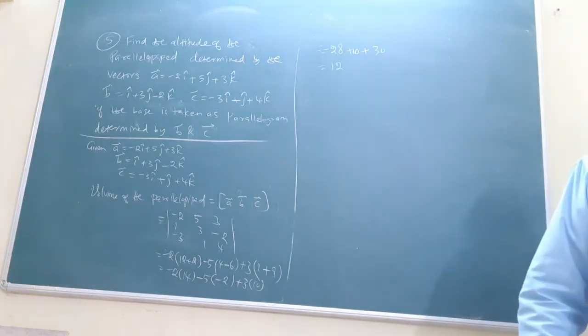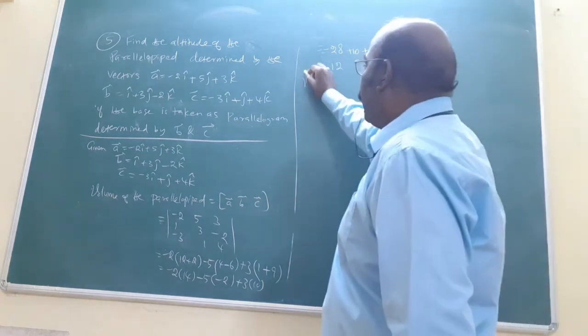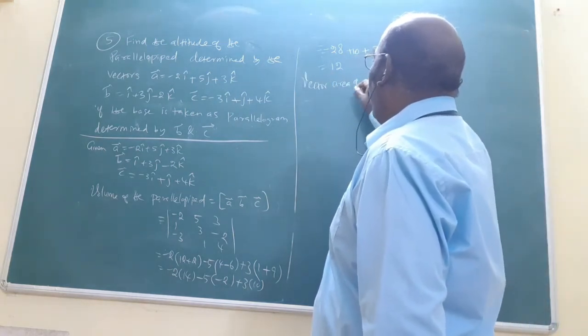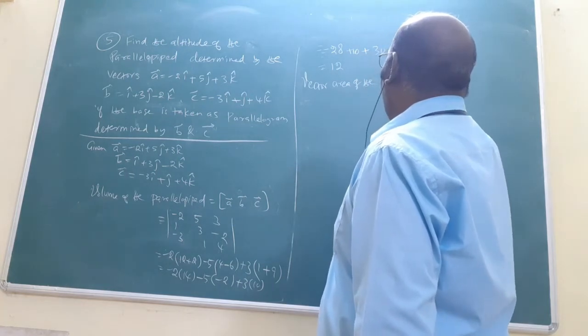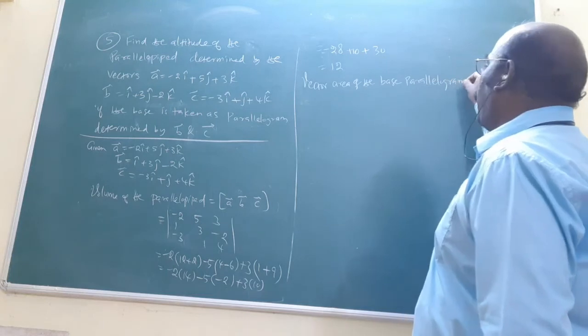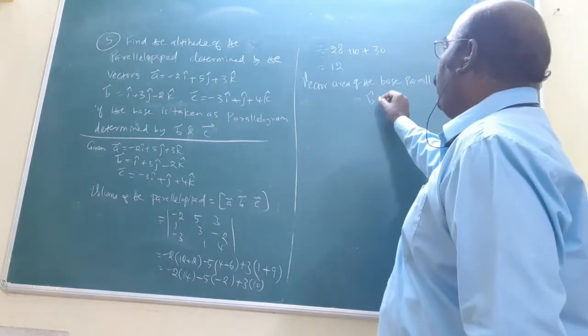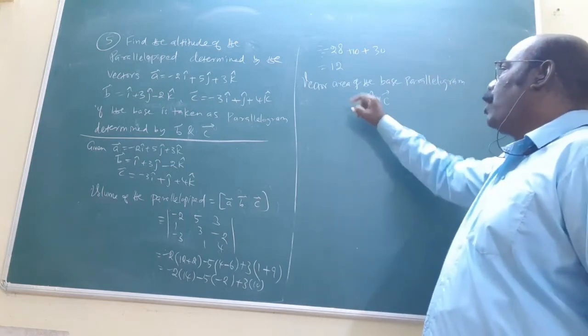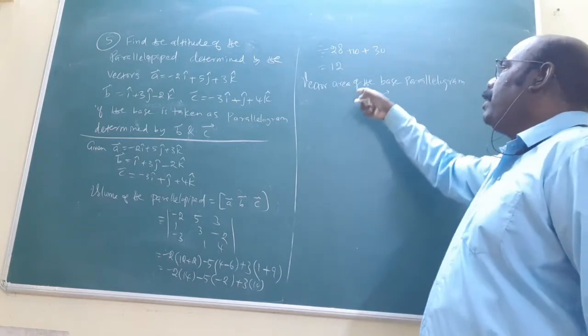Next, the vector area of the base parallelogram. Already told you the formula. Vector area means without modulus. Only area means with the modulus.